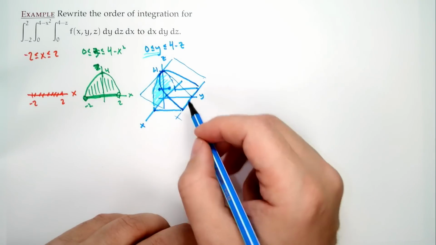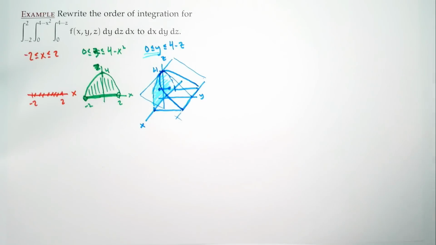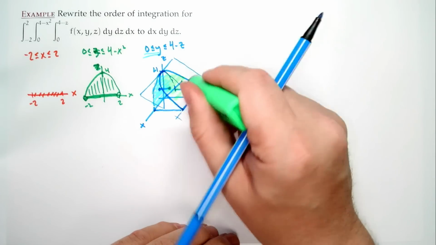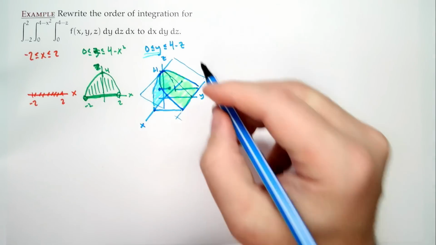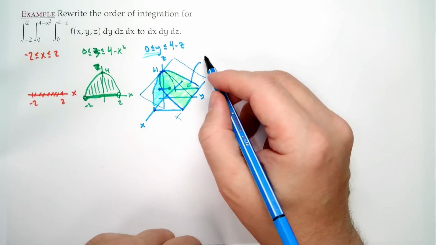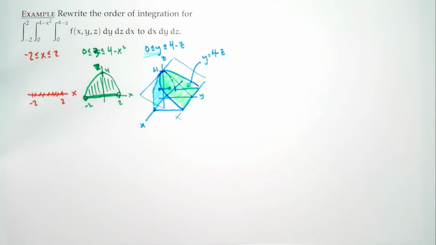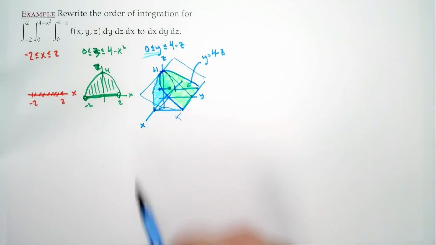It's like a doorstop kind of shape here. So we have this surface here, I'll mark that here in green. That is our surface, y equals 4 minus z. Okay, so there we go. There's our shape. Boom.